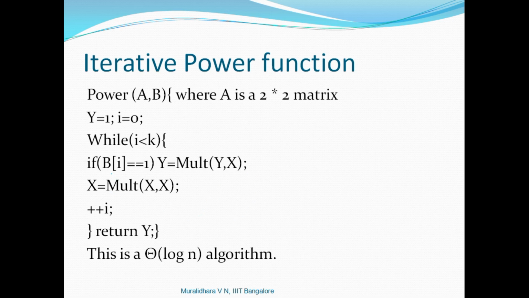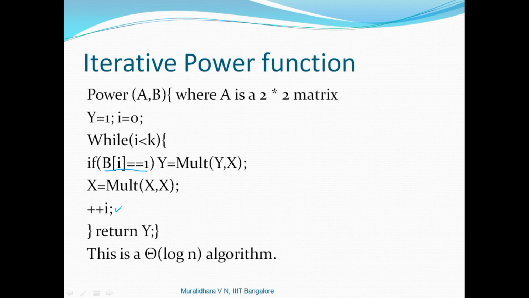If B of i is 1, then by the equation that I wrote, I have to update y is equal to y into x. Otherwise I don't have to. So I just look at the binary digits one by one, and if it's 1, I update this, otherwise I don't. Dividing n by 2 is essentially incrementing the counter by 1.